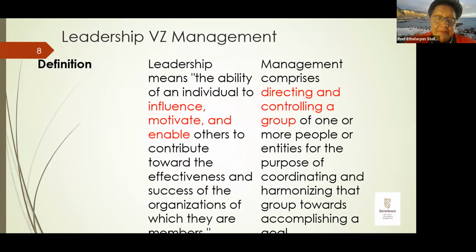So I'm still with this leadership versus management. Let's define a definition. Leadership means the ability of an individual to influence, motivate, and enable others to contribute towards the effectiveness and success of the organizations of which they are members.